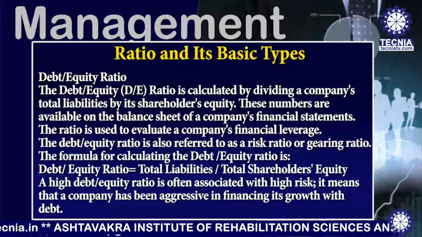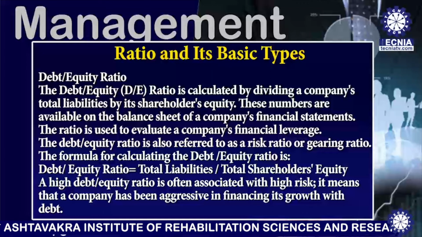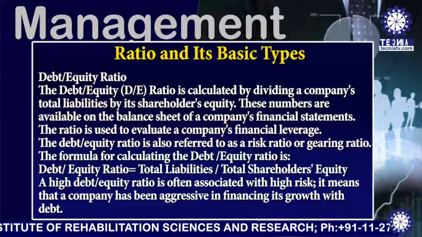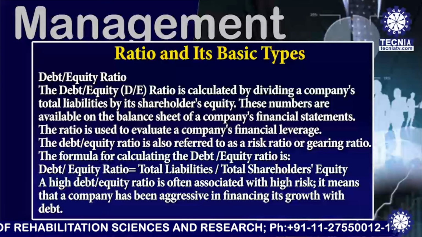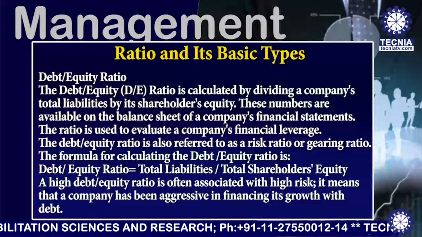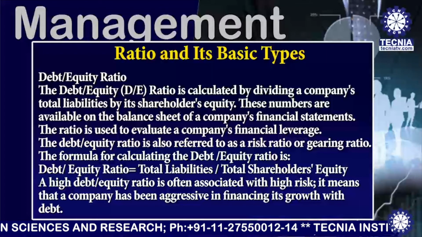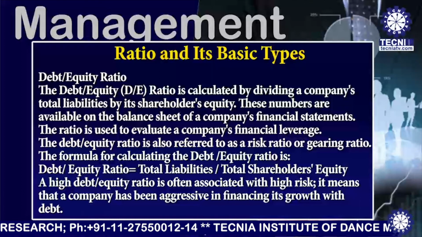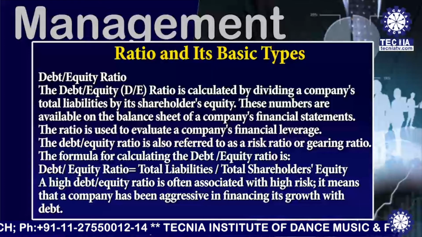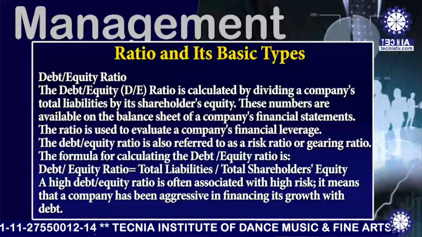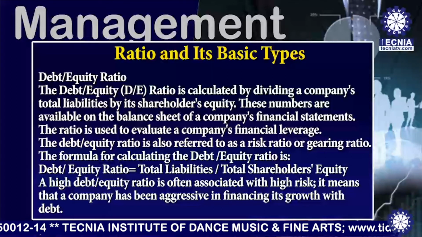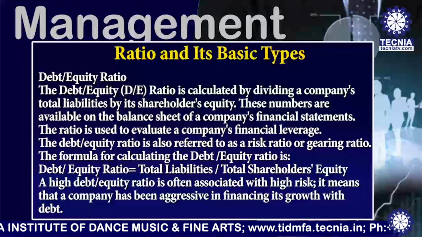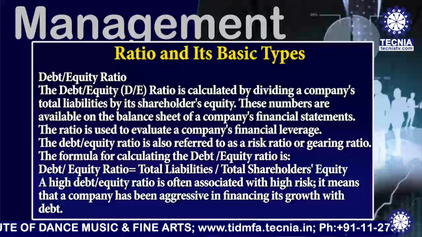The fifth one is debt equity ratio. Debt equity ratio is calculated by dividing a company's total liabilities by its shareholders' equity. These numbers are available on the balance sheet of a company's financial statement. The ratio is used to evaluate a company's financial leverage. The debt equity ratio is also referred to as a risk ratio or gearing ratio.